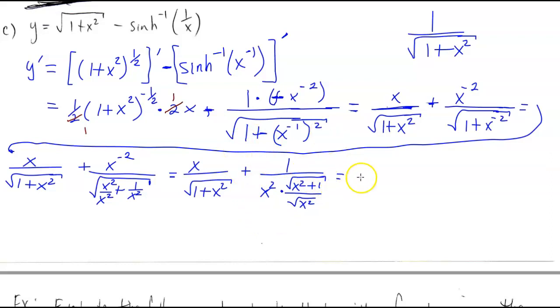And so with that, we continue on. First term will stay the same. For our second term, notice that we'll have a 1 over x squared times square root of x squared plus 1 over absolute value of x. And let's make that look a little better here.